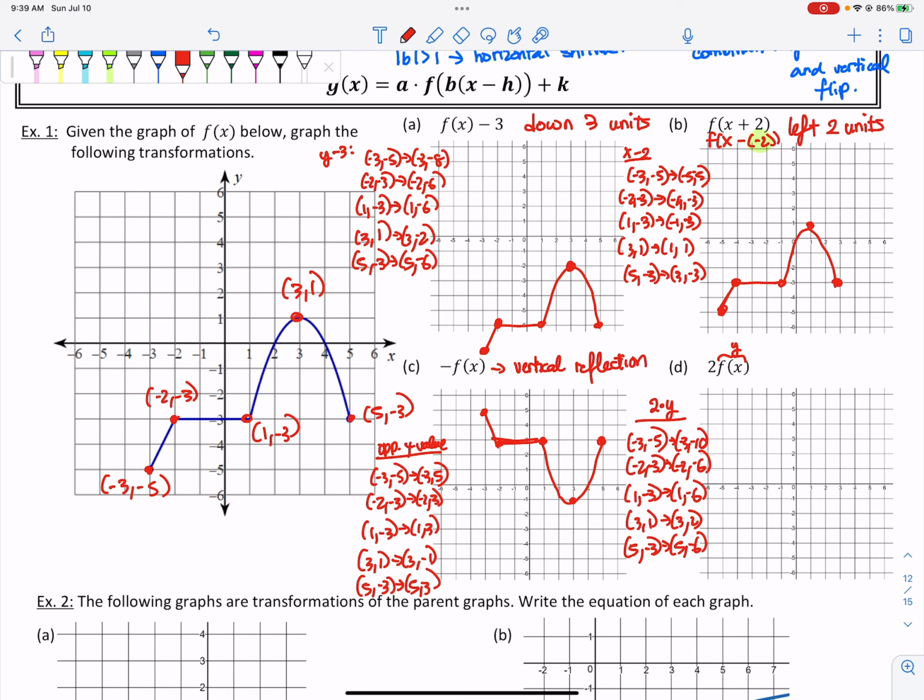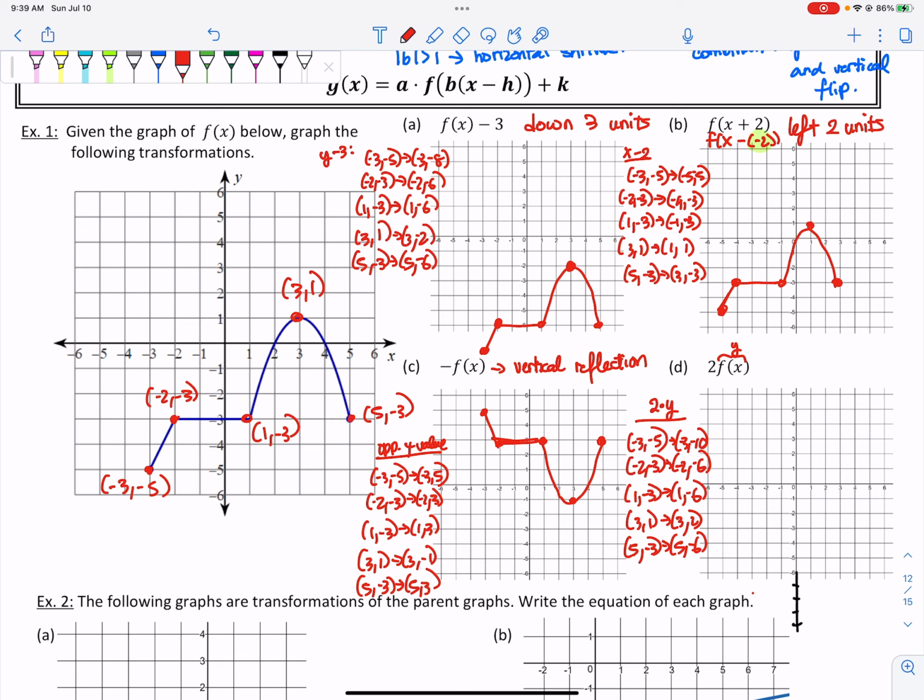Now let's plot these points. (-3, -10), let me count this one again: 6, 7, 8, 9, 10. So it's down here.